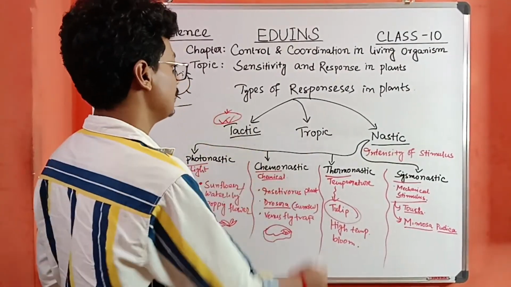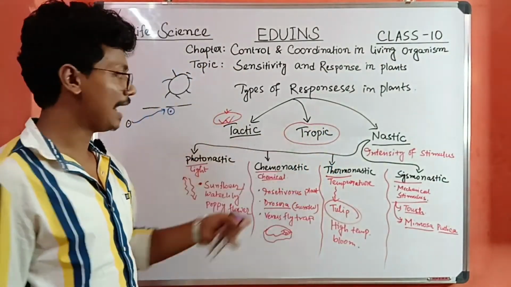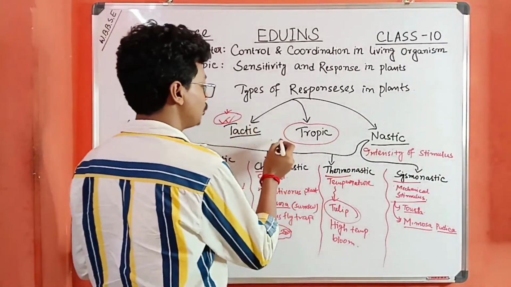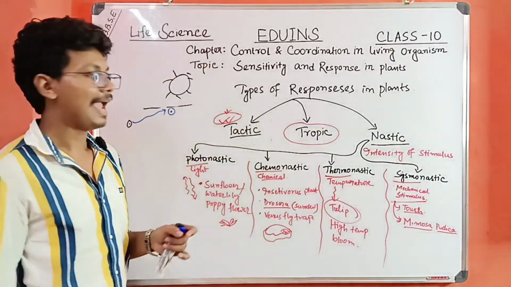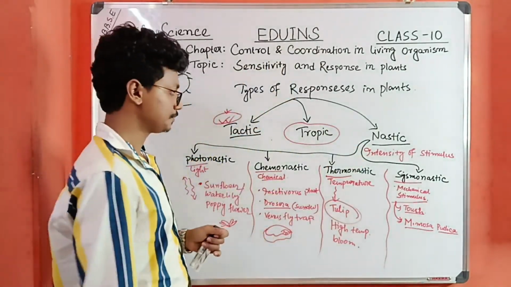Next, the tropic, that is the three types of tropic movement we can observe in plants. One is phototropic in response to light, one is hydrotropic in response to water, and another one is geotropic in response to gravity.